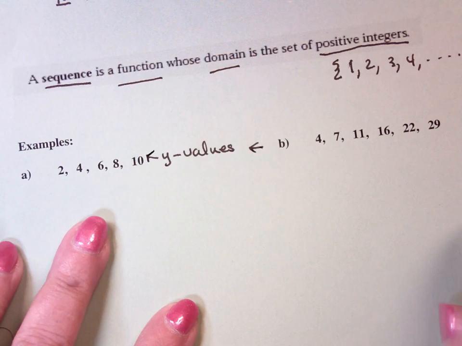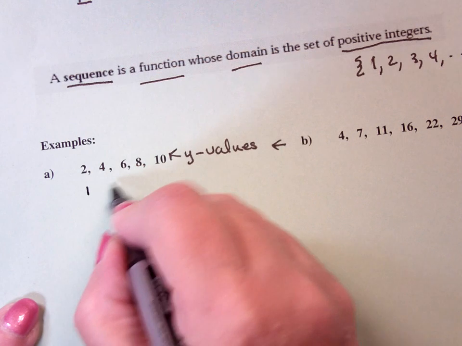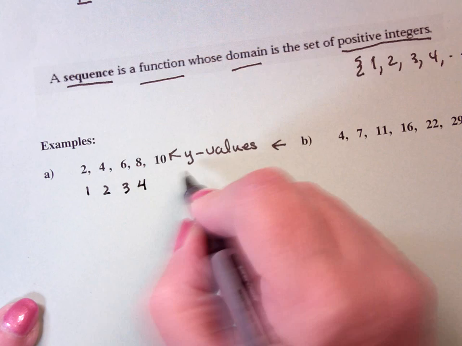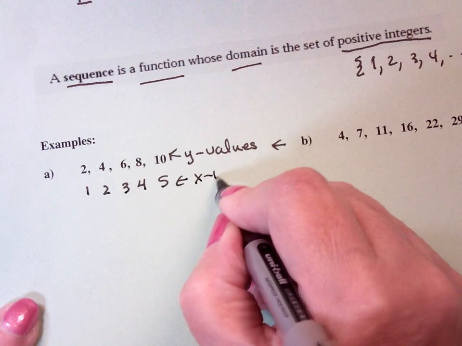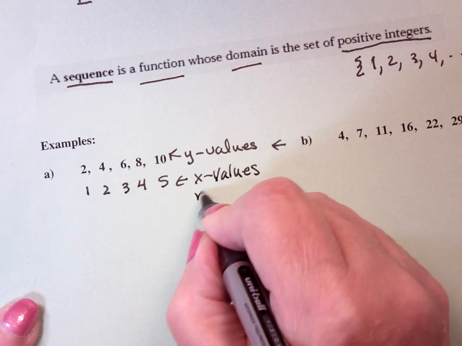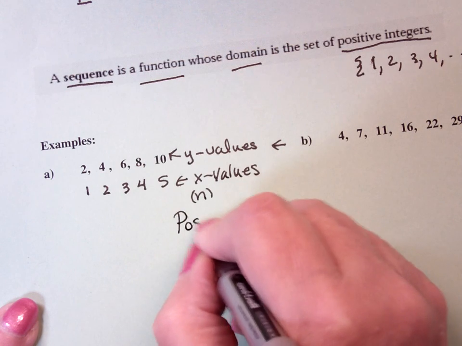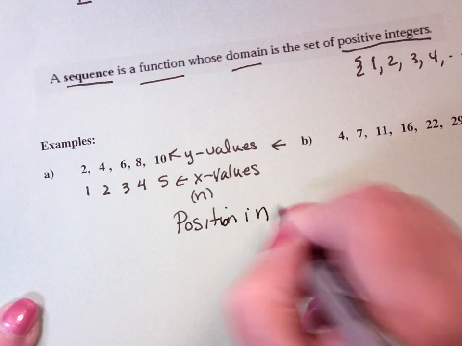Then you're going to ask, what are the X values? Well, the X values are the position in the list. So that's position 1, position 2, position 3, position 4, position 5. These are the X values. We call them N, by the way, rather than X. And this is the position in the list.